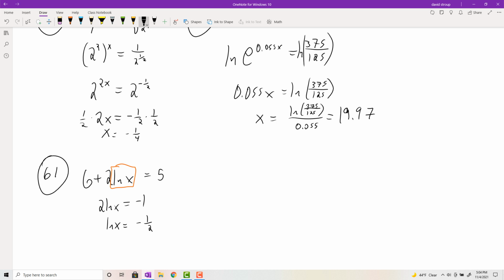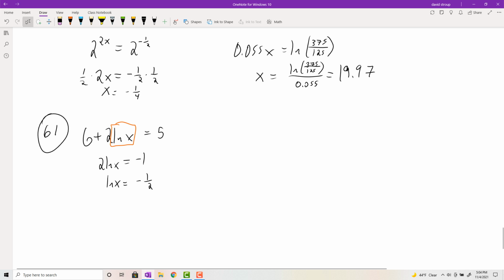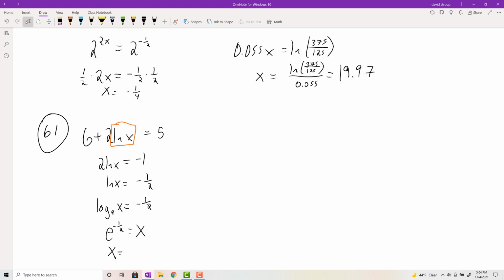And at this point you can exponentiate both sides, basically, is how some teachers will think of it, but it's really using the definition, because ln of x is log base e of x. You can rewrite this as e to the negative 1/2 equals x, and that literally is your answer, e to the negative 1/2. You get an approximation if you need it. You got to check these guys. So I get 6 plus 2 ln of e to the negative 1/2 equals 5.